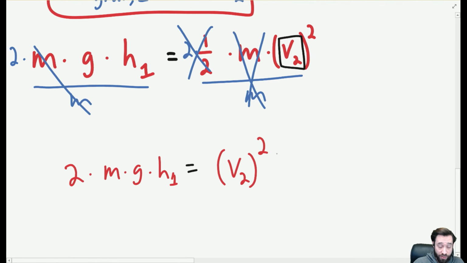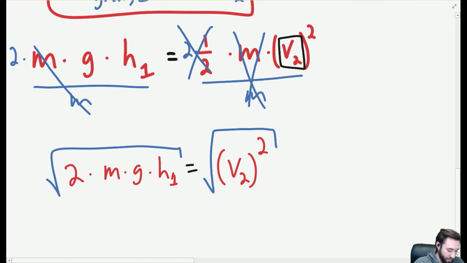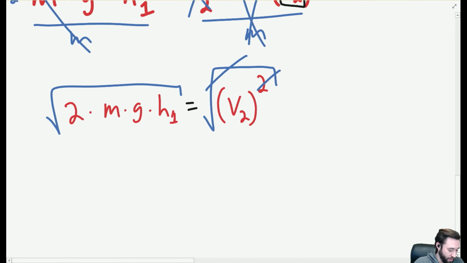And in order to get rid of the square, I square root both sides. So the square root and the square cancel out. And the equation that I get for V2 is going to be the square root of 2 times the, or no, mass. Apologize about that.